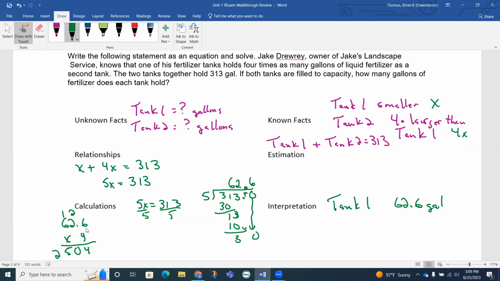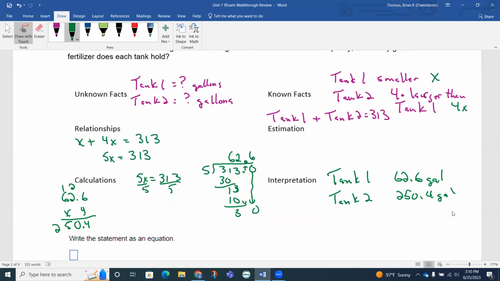And since there's one number behind the decimal, we slide over, so tank 2 would be 250.4 gallons.